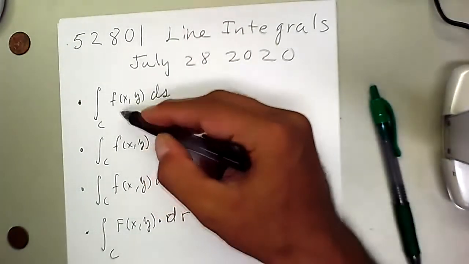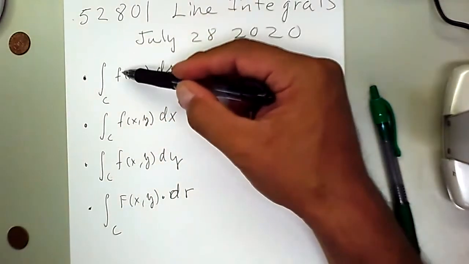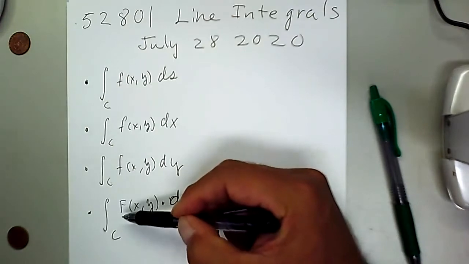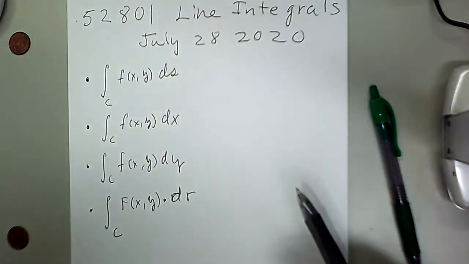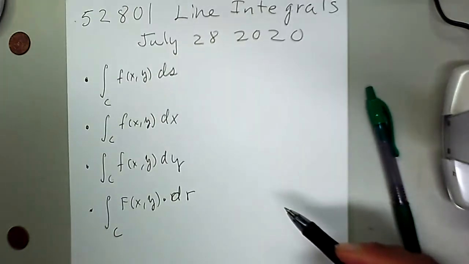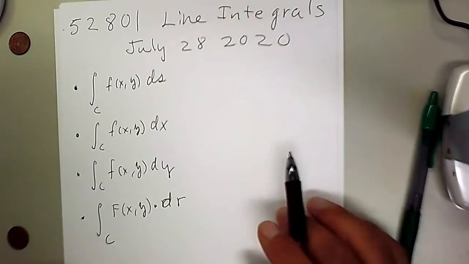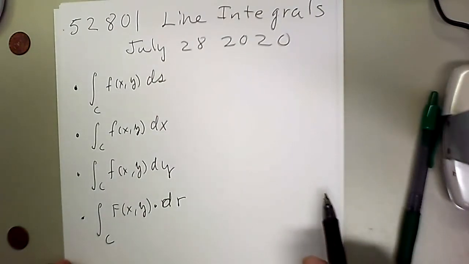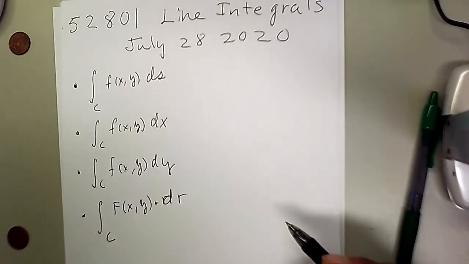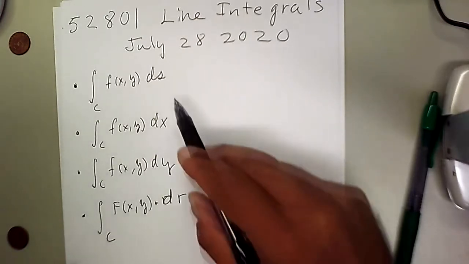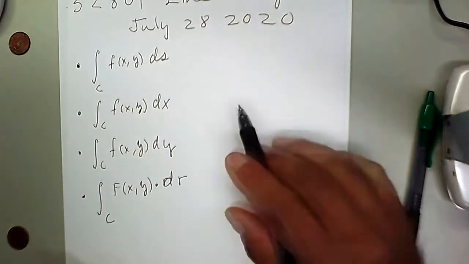These are integrals over curves, and then we're going to have integrals over surfaces, and we can have integrals over solids also. So there's all kinds of integrals that now we have to be able to handle. So we're opening the gates to all different kinds of integrals of different kinds of functions over different kinds of curves, with respect to different kinds of things, such as the length or the x's or the y's.